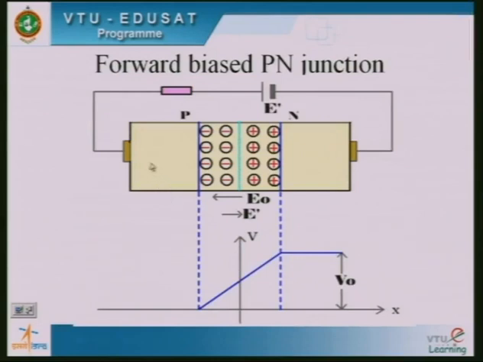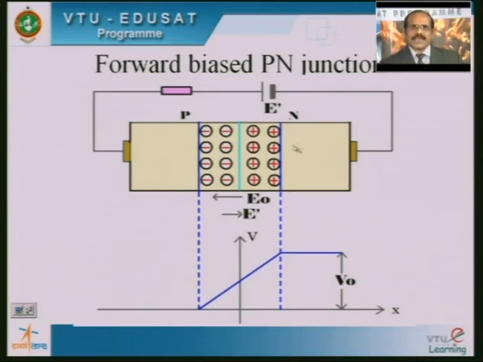Here you can see we have a PN semiconductor diode with the P on the left side and the N on the right side, and in between the P and N layers we have a depletion region. It can also be noted that the positive terminal of the battery is connected to the P layer, whereas the negative terminal is connected to the N layer.